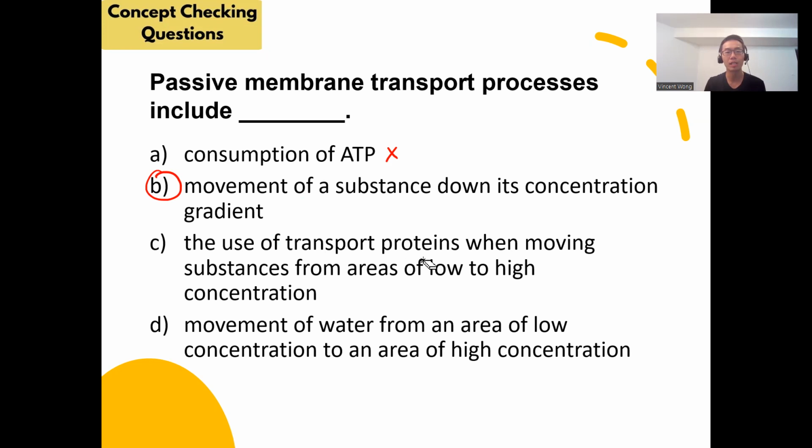The use of transport proteins when moving substance from area of low to high. No, it's high to low, right? Movement of water from an area of low concentration to an area of high concentration. Okay, so that is not passive transport as a whole, right? This is describing osmosis specifically, right? So the best answer is B.